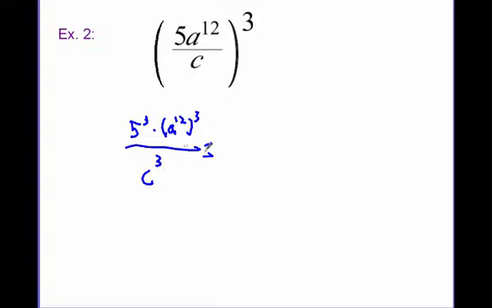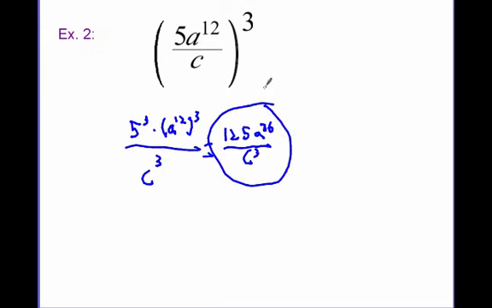Well, 5 cubed, that's 5 times 5 times 5, that's 125. Power to a power, a to the 12 cubed is a to the 12 times 3, which is a to the 36th power. And on the bottom I just have c cubed. So my answer is 125 a to the 36th over c cubed.